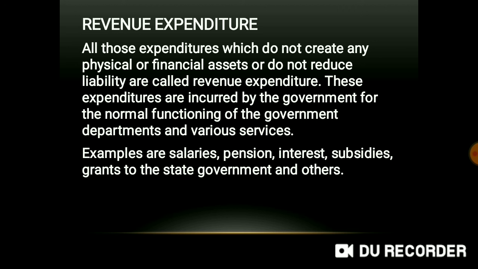So it is that expenses of the government which are incurred for the day-to-day working of the government. The examples of revenue expenditure are expenses made by the government in the form of salaries, pensions, interest, subsidies, grants to the state government and others. So these were the different sources of revenue expenditure.